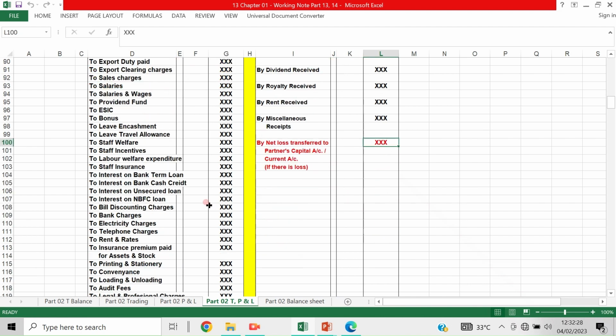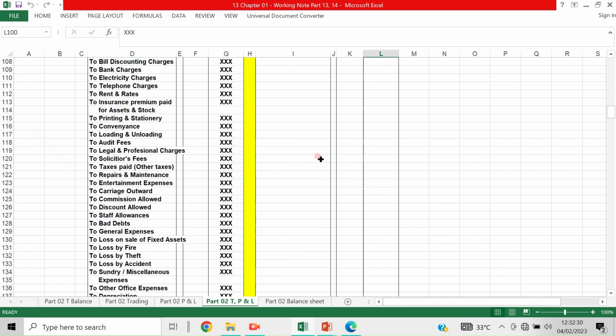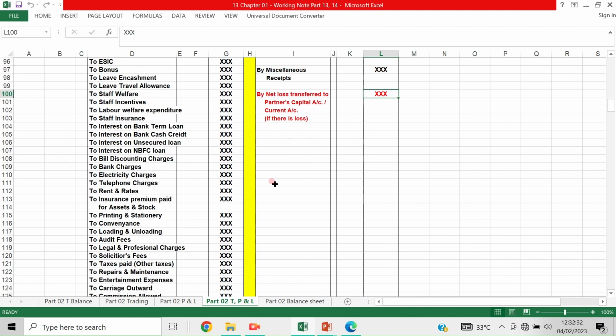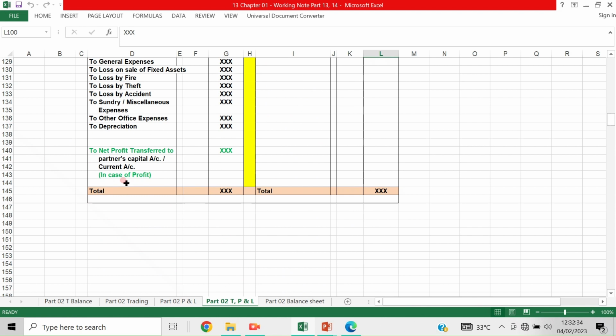Now, if there is a gross loss, that also should be distributed to the partners as per the ratio provided. If there is a net profit, then in that case also it should be distributed to the partners' capital account or partners' current account as per the ratio mentioned in the partnership deed as agreed.